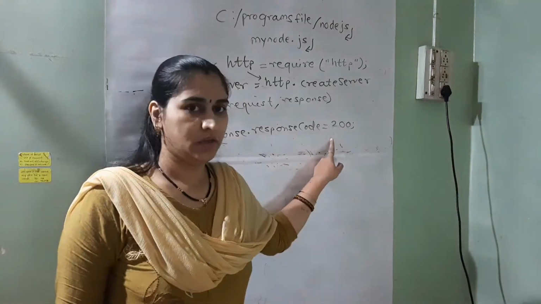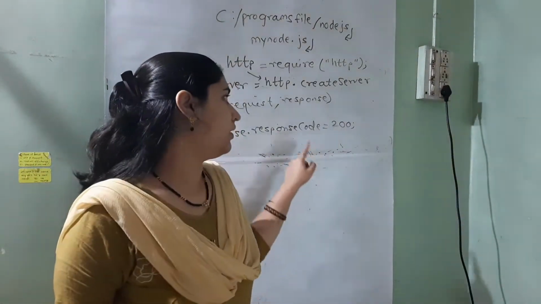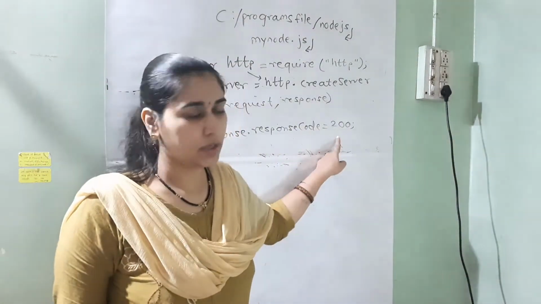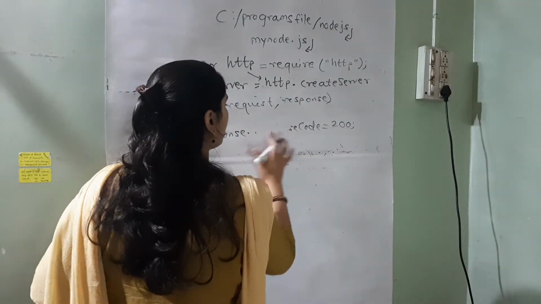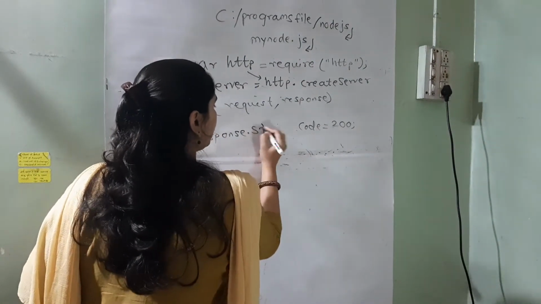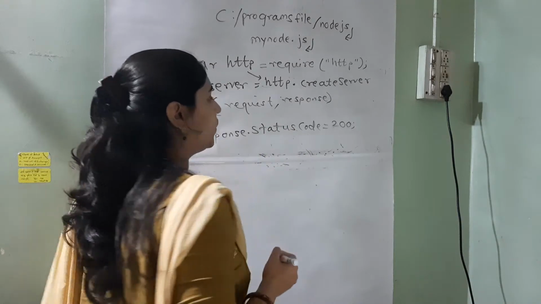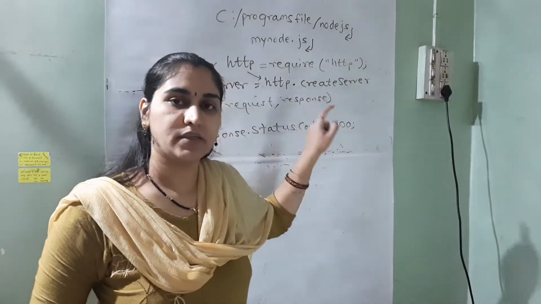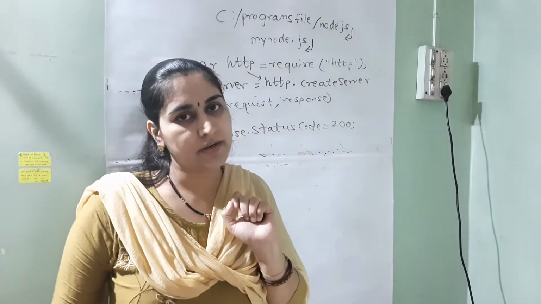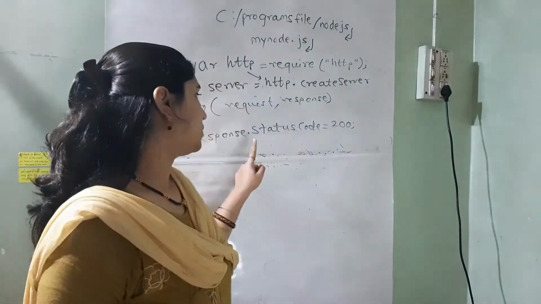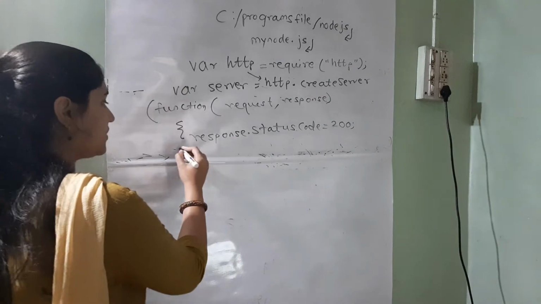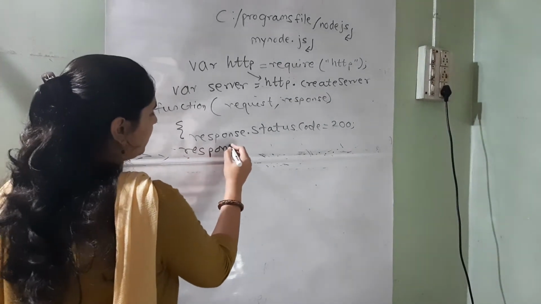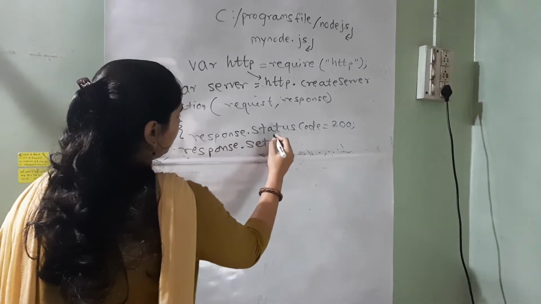In PHP, in TY, we have learned some status codes. We can say response code or here status code. So the status code is 200, which means the response was generated successfully. And second is response dot set header.